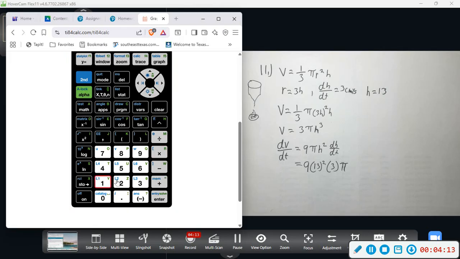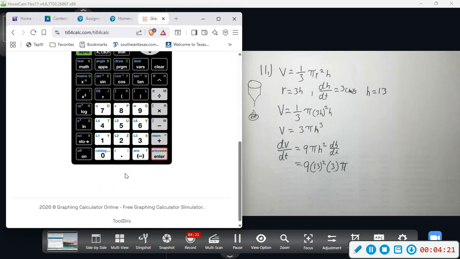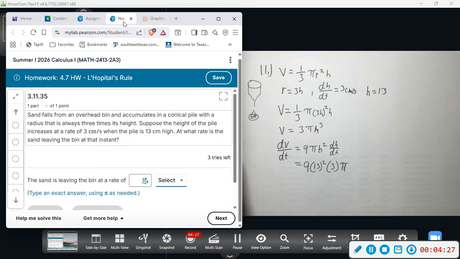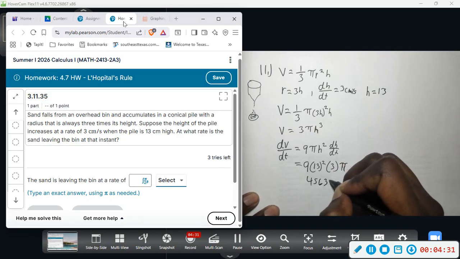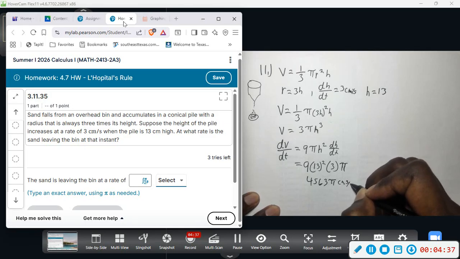So we'll multiply all of this together. Nine times 13 squared times 3 gives us 4563 pi, and that should be centimeters cubed per second.